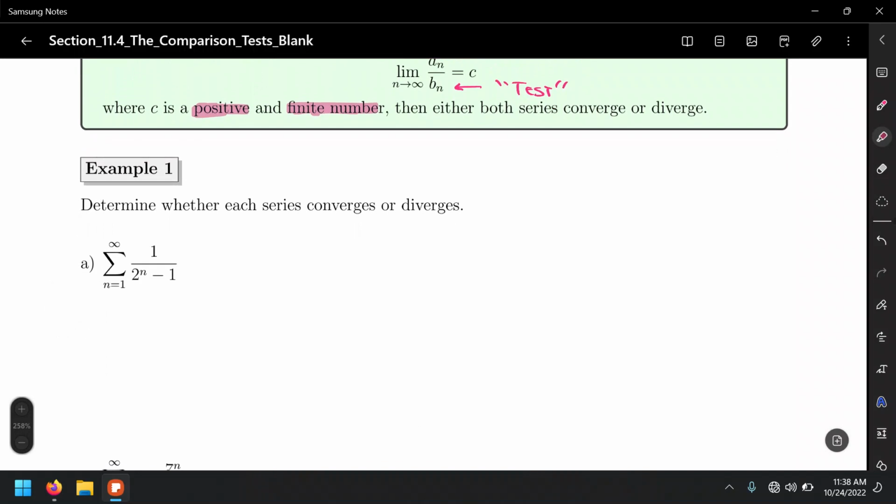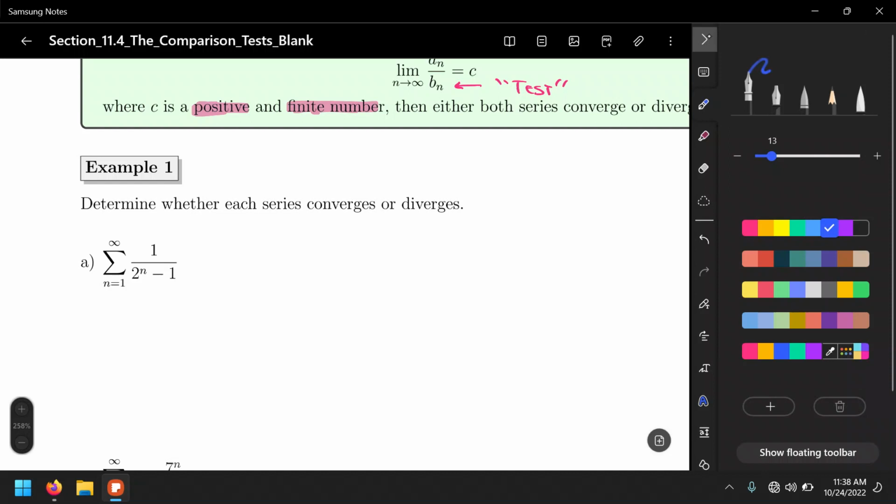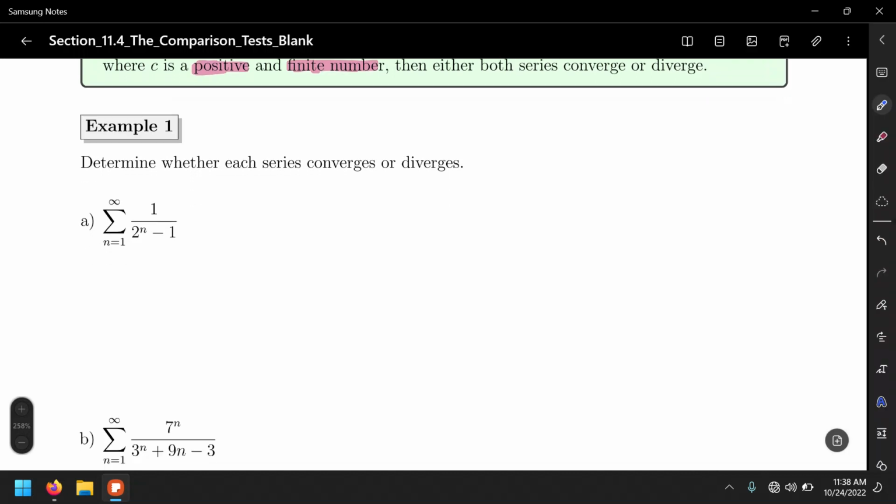Alright? Okay, so let's look at one example. What do we have? Sigma n equals 1 to infinity, 1 over 2 to the n minus 1. Alright, so number one, let's come up with another series to compare with.